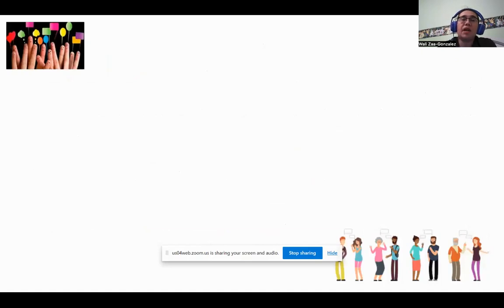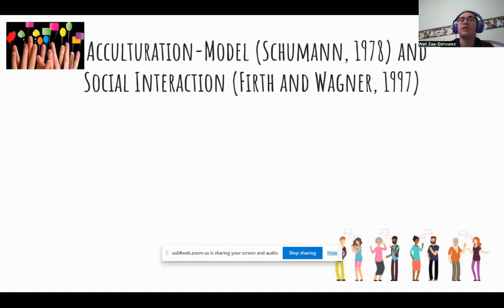The third concept that I consider important was a mixture of the acculturation model, presented by Schumann in 1978, and social interaction by Firth and Wagner in 1997.